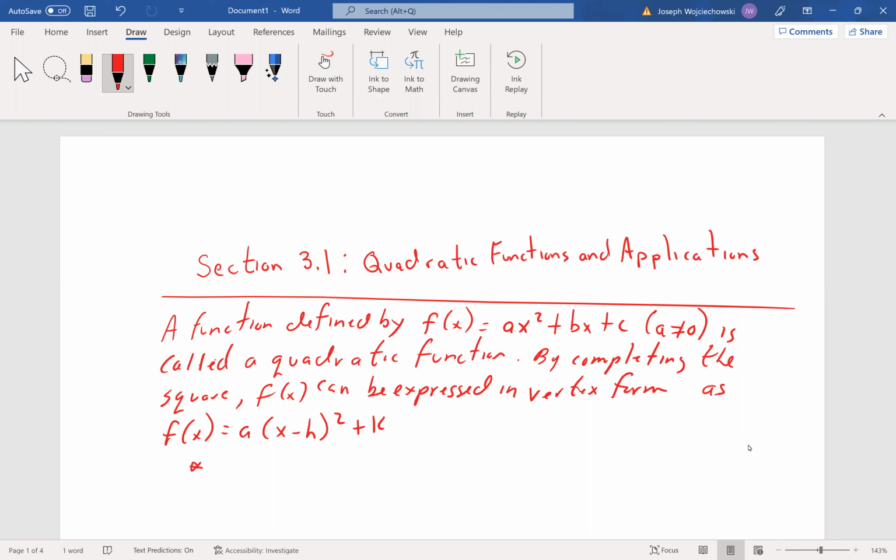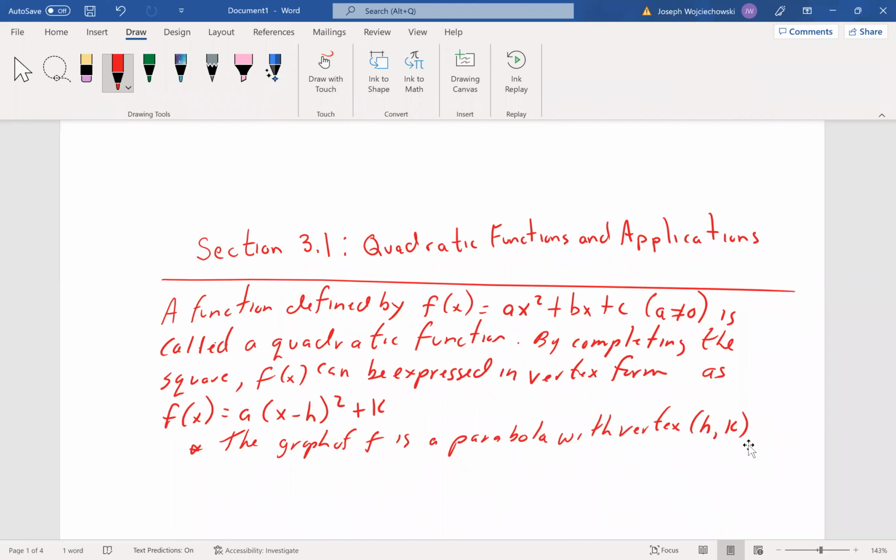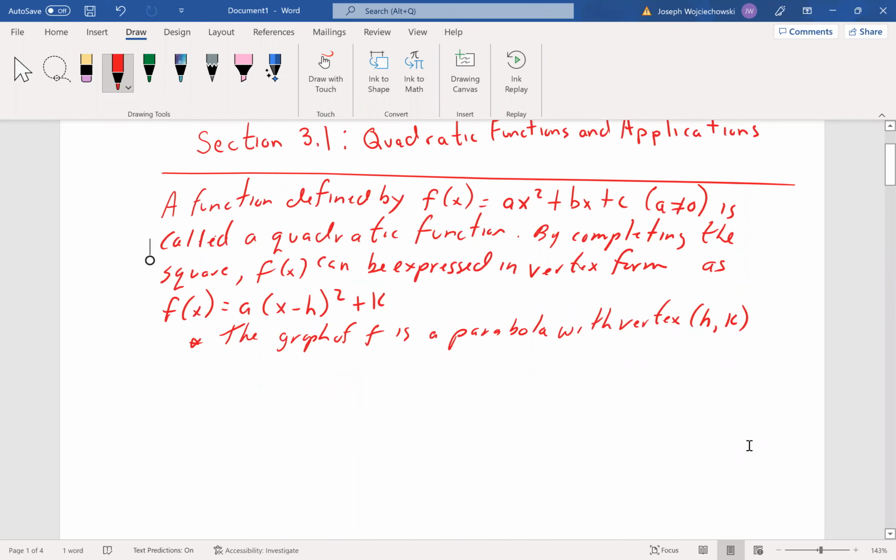So first thing, the graph of f is a parabola with vertex h, k. So this is one of the helpful hints of that completing the square that we learned.